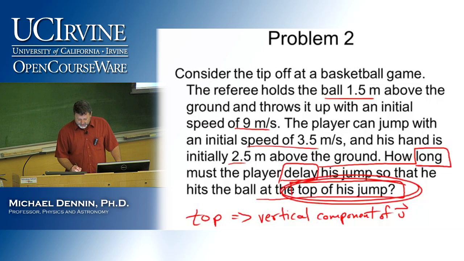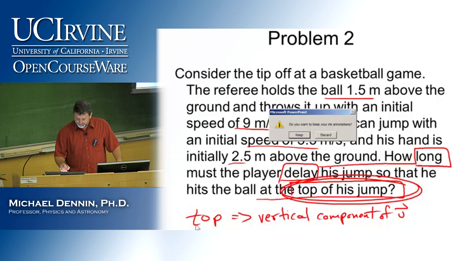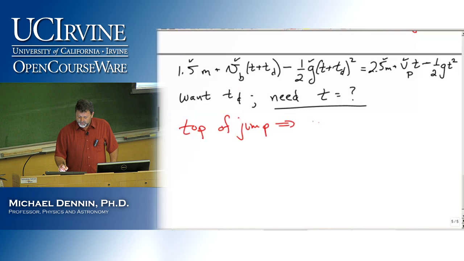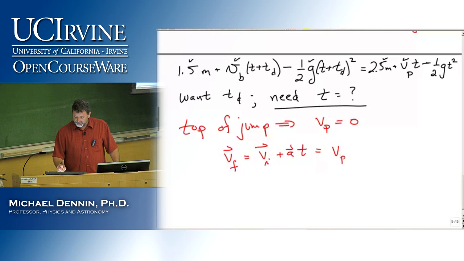And we go back to our attempt to solve it. And we see, okay, we need a time. And what I've been told is top of jump. So I know that means the velocity of the player there is 0. And one thing I know about the motion is that the final velocity is the initial velocity plus a times time, which in this case is that velocity of the player.